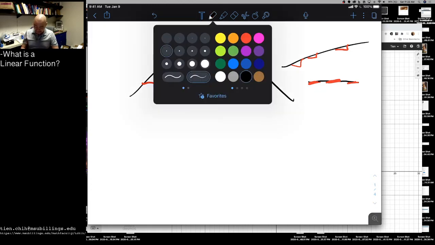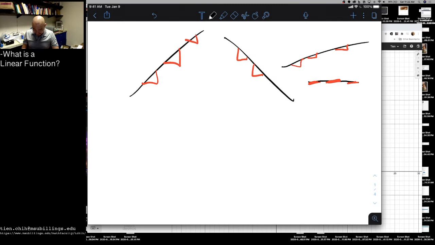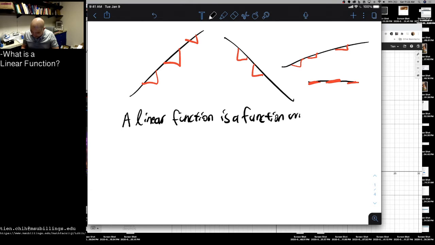So maybe the best way to define a linear function is to say a linear function is a function with a constant rate of change.